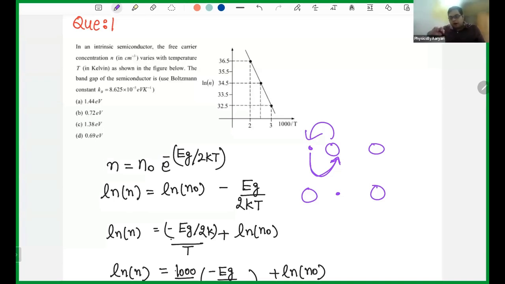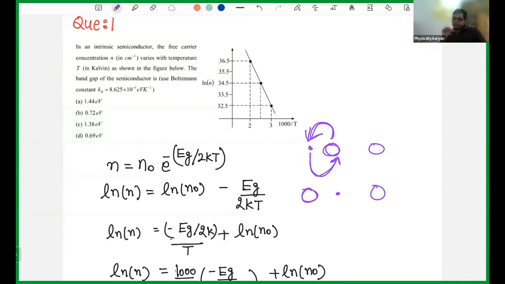So how easily is your hole able to move? In reality, the electron is moving, but you can imagine that the electron is not moving, your hole or vacant space is moving. Initially the vacant space was here, now it is here. How easily it can do that will tell you the inertia, that is, the mass of the hole. That is completely a mathematical idea.